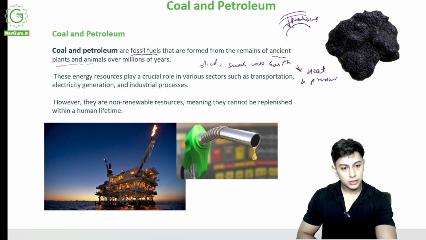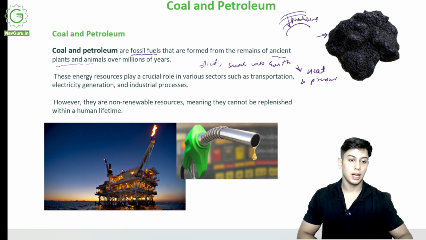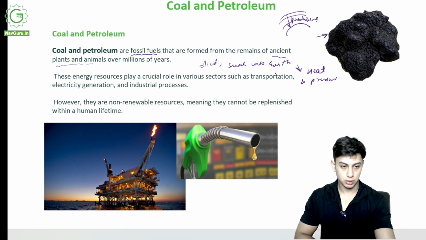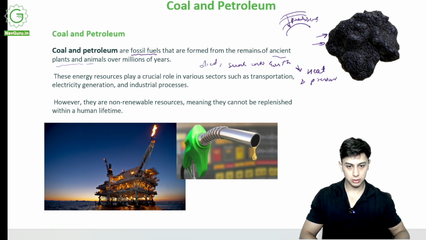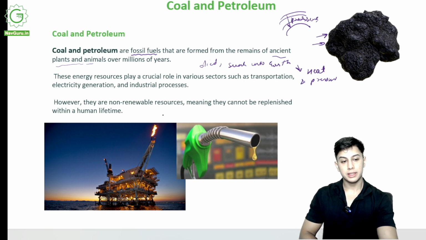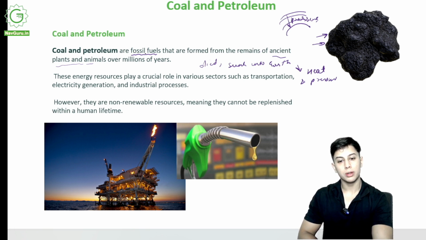Over millions of years that became like this, and it could be burned. This is carbon. Coal and petroleum are all carbon. This became a fossil fuel. Why fossils? Because this is the remains of ancient plants and animals.